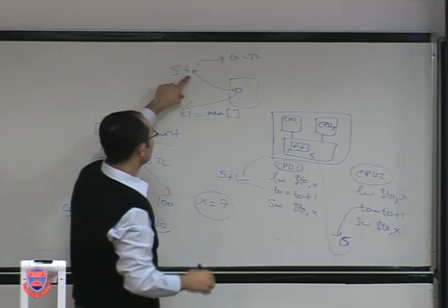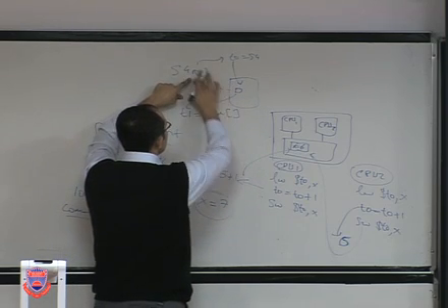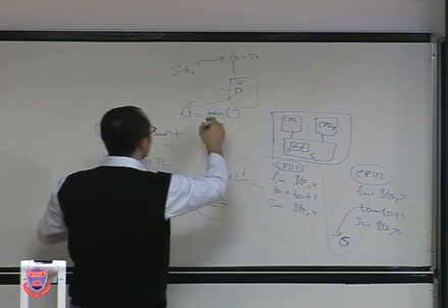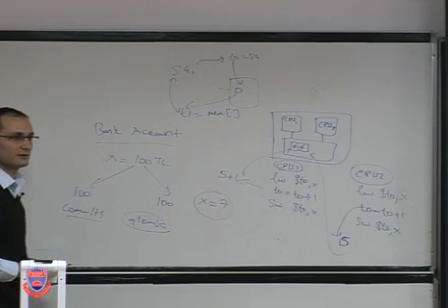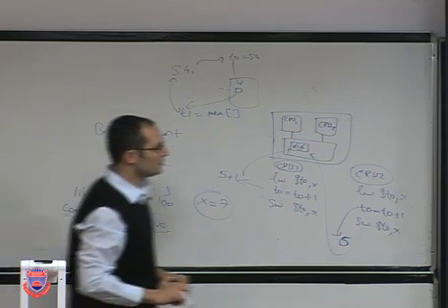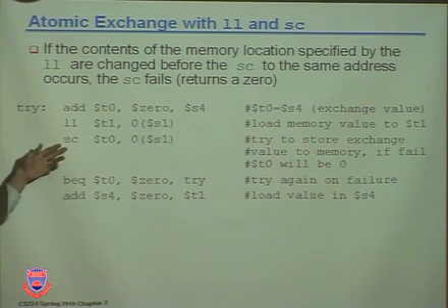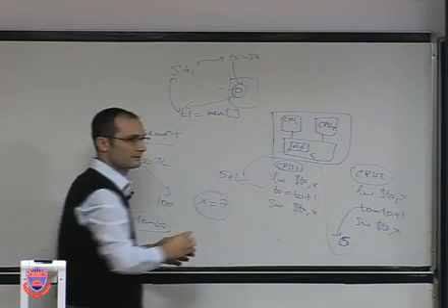Now you copy T0 back into the memory address. And the last thing you do is copy the value of T1 into S4. So this is the sequence. In order not to break the consistency, you always check whether something else is happening in the memory that is trying to access this location.